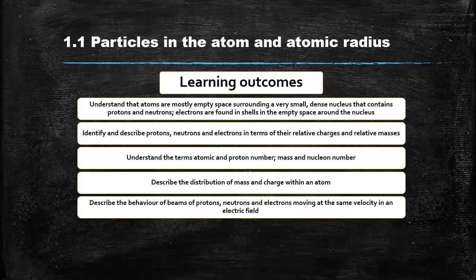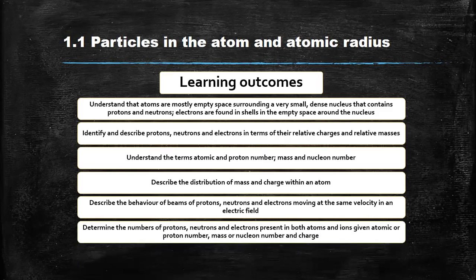Behavior of protons, neutrons, and electrons moving at the same velocity in an electric field. Determine the number of protons, neutrons, and electrons present in both atoms and ions, given atomic or proton number, mass or nucleon number, and charge.